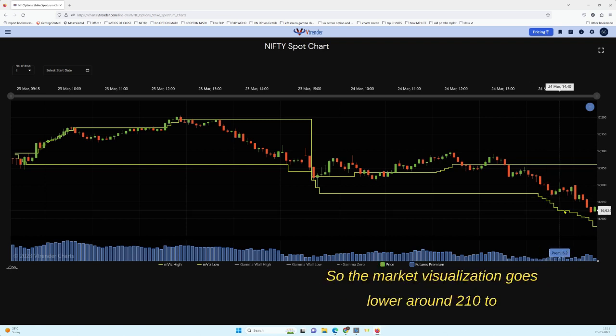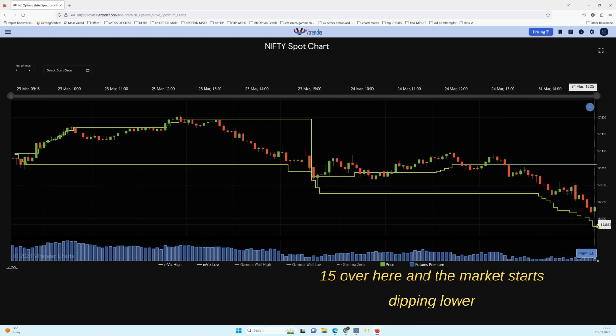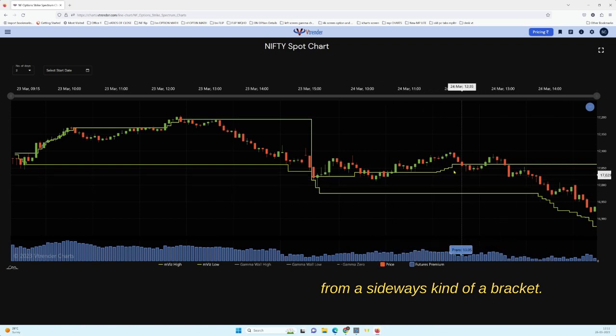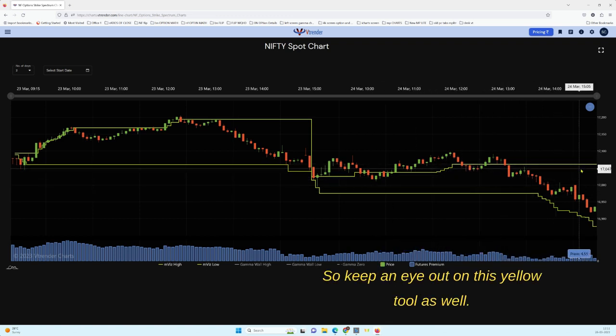So the market visualization goes lower at around 210 215 over here, and the market starts dipping lower from a sideways kind of bracket. So keep an eye out on this yellow tool as well. This works perfectly for the intraday trader.